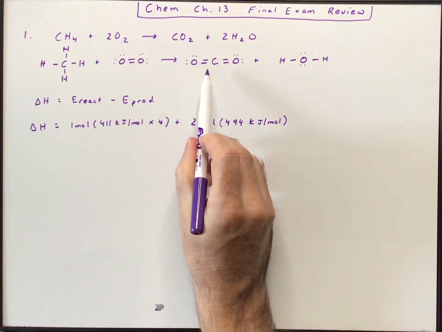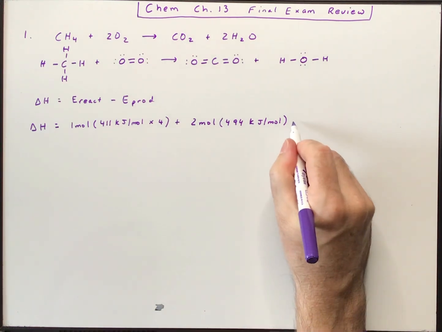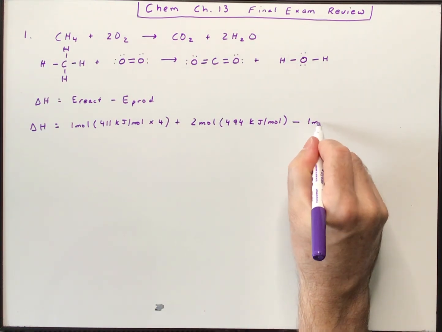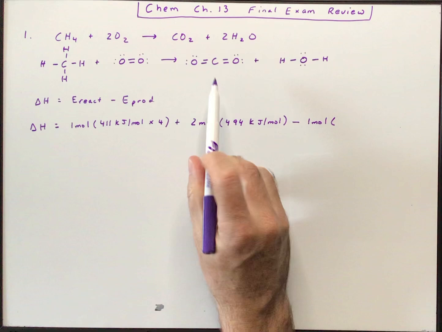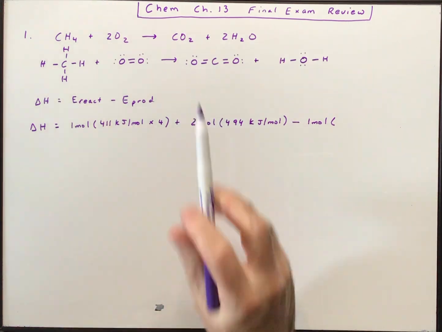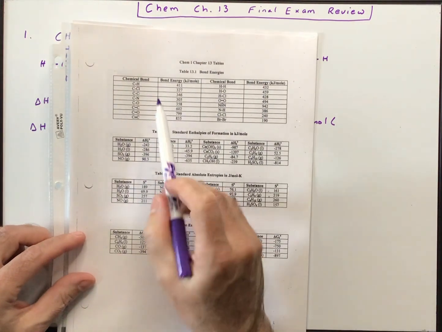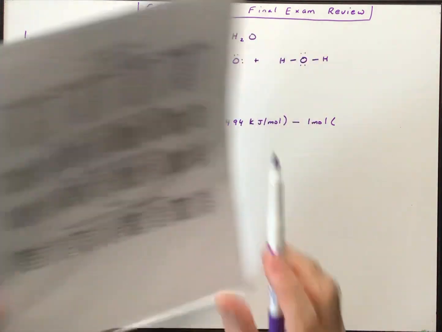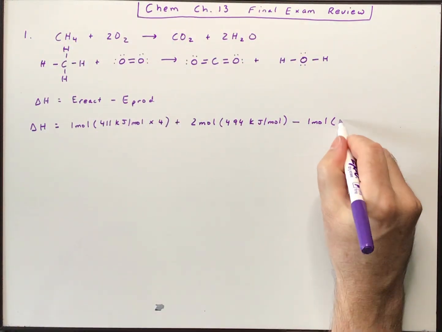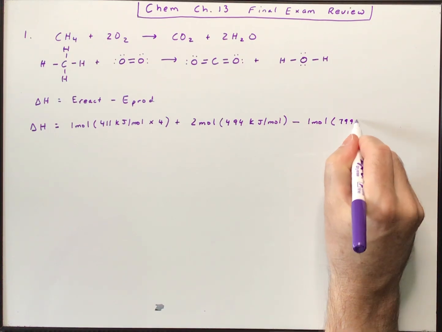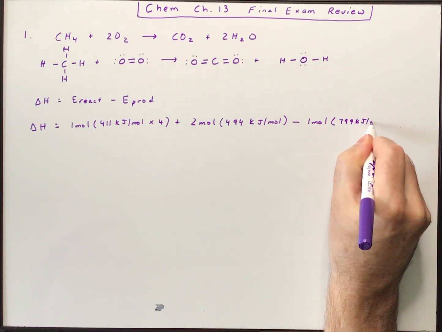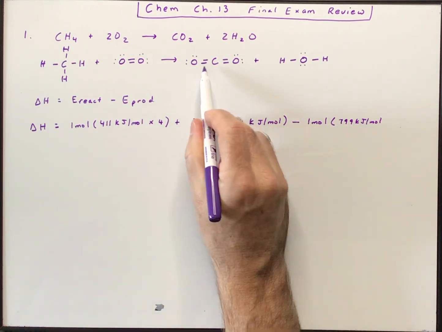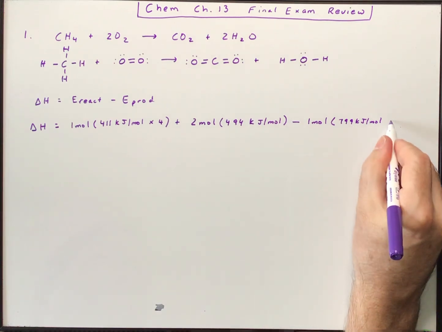Now we're going to subtract out the products. So minus 1 mole for CO2, and there's 2 O double bond C's. Okay, so that's going to be right here, 799. And then, of course, there's 2 of those bonds, so 799 times 2.